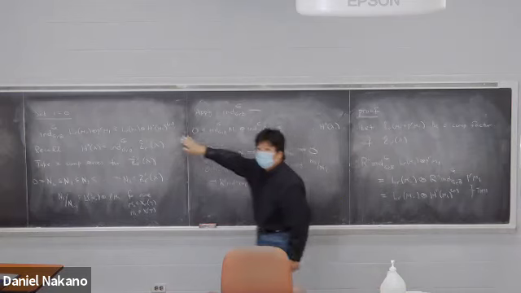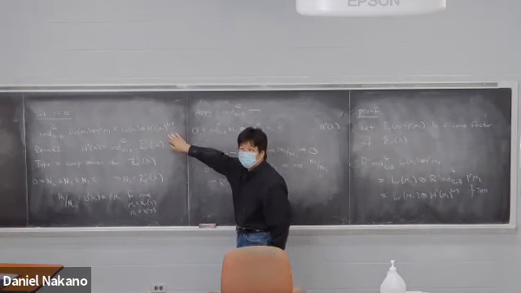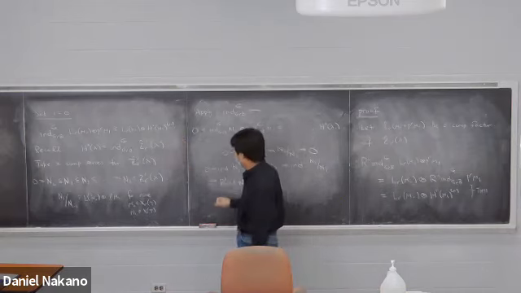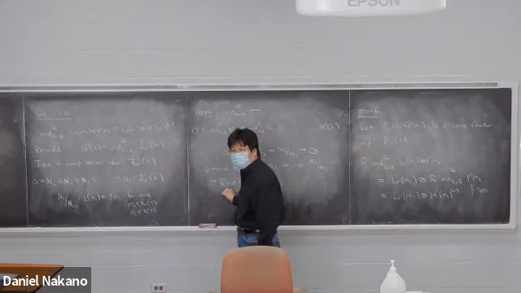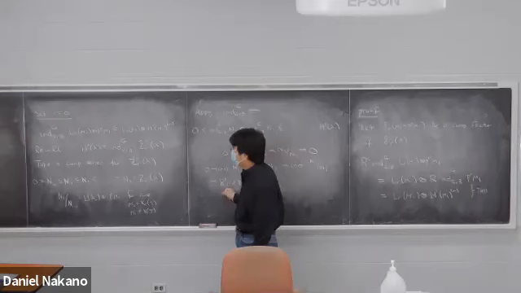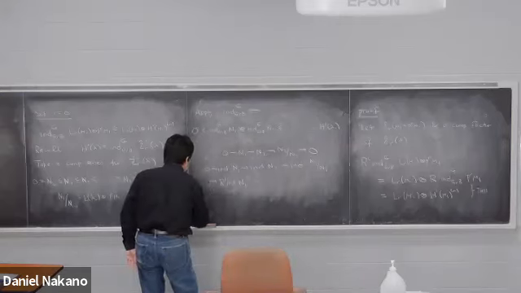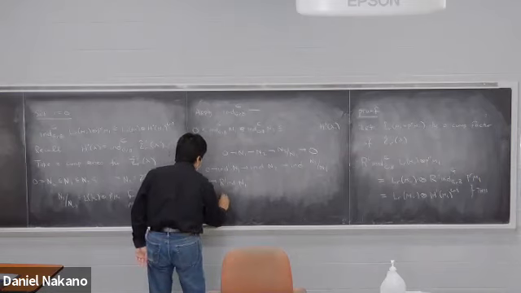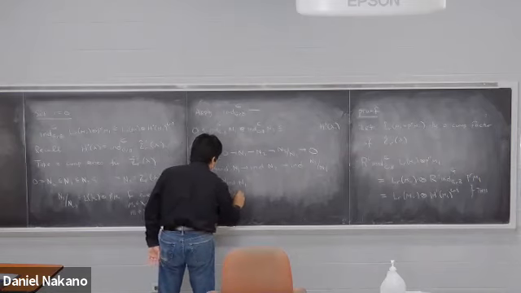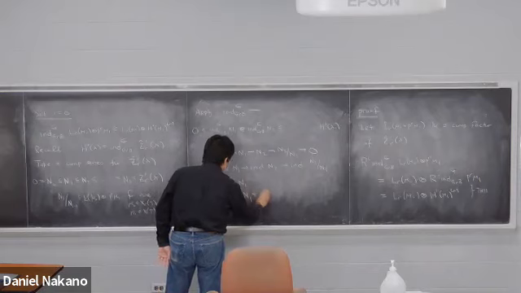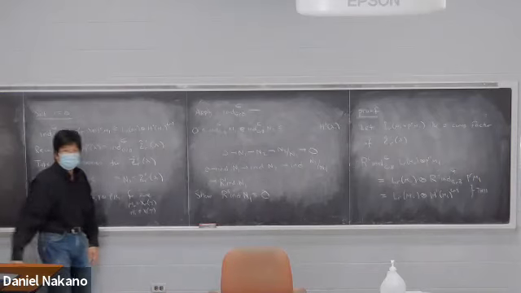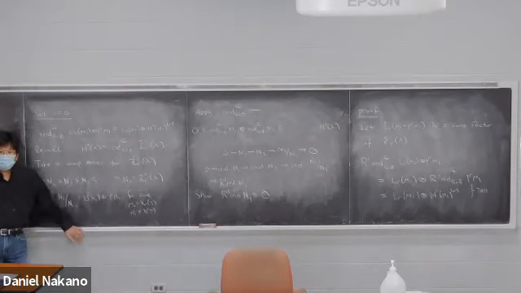Does that make sense? So I need to show that the R^1 is 0. The way I can show that is to actually show that the R^1 induction is equal to 0. Once you do that, we're done.